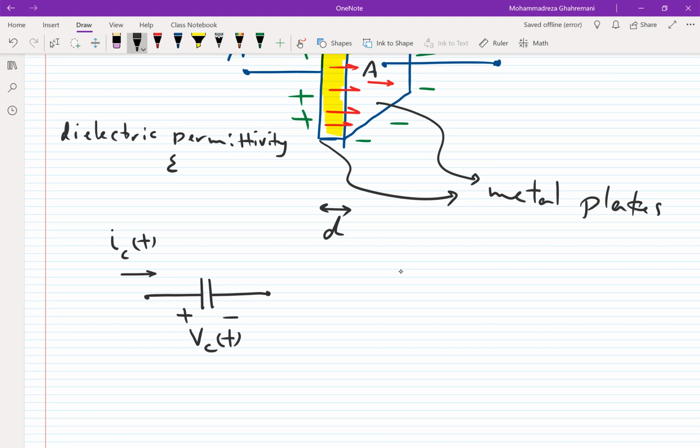Okay, what is the amount of the energy that can be stored by a capacitor? We call this the capacitance of the capacitor.